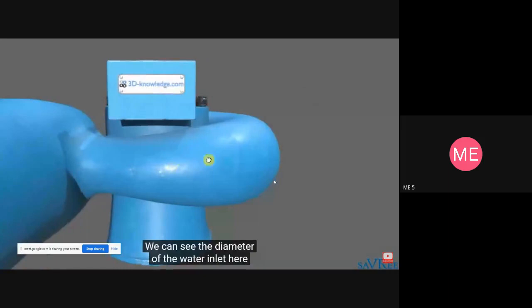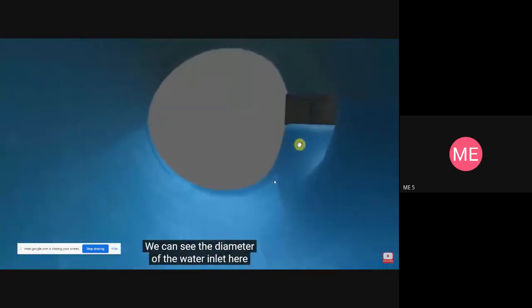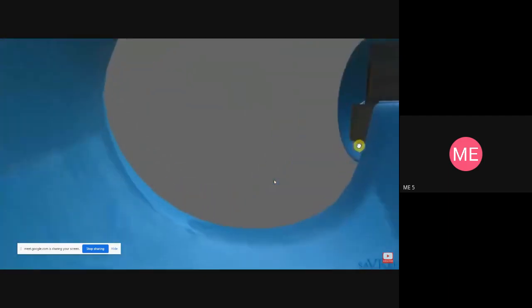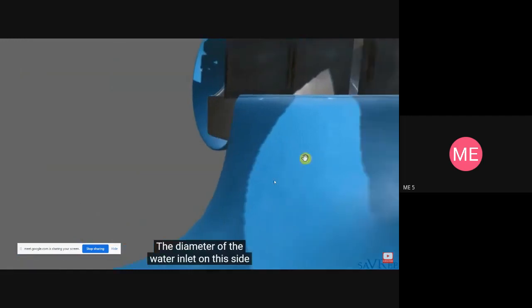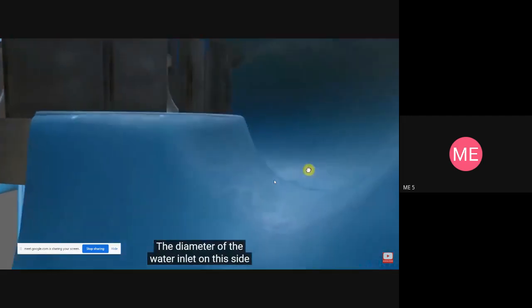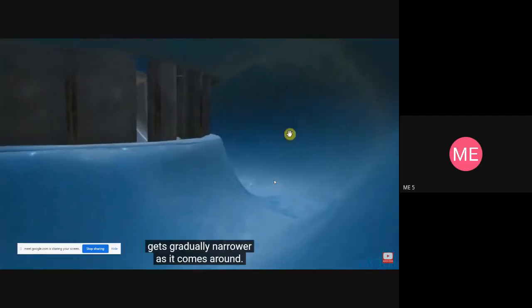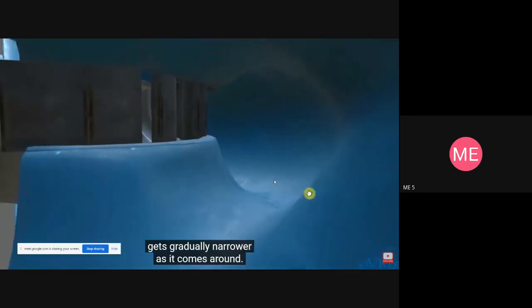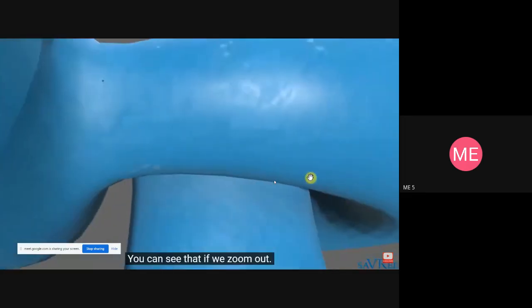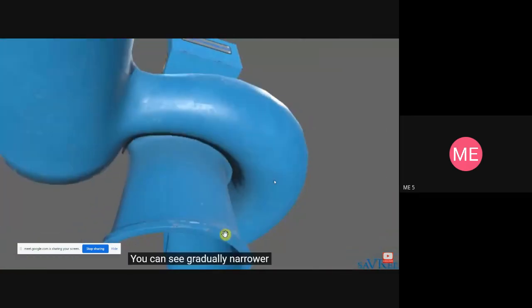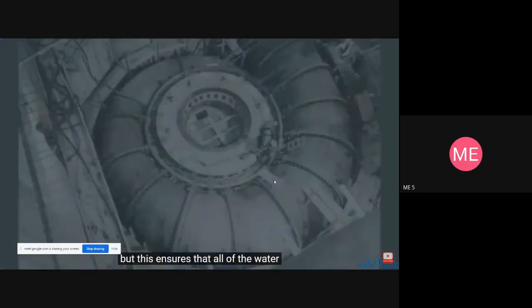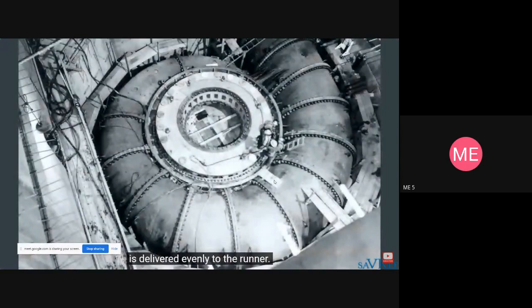And we can see the diameter of the water inlet here is very large. The diameter of the water inlet on this side gets gradually narrower as it comes around. See that if we zoom out. See, gradually narrower, but this ensures that all of the water is delivered evenly. So this is the actual plant of a Francis turbine.